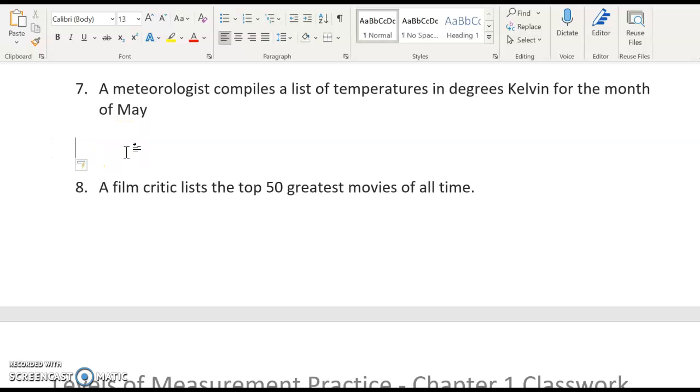A meteorologist compiles a list of temperatures in degrees Kelvin for the month of May. Be careful here. Even though this does involve temperature, this is actually a ratio. And let me explain why.